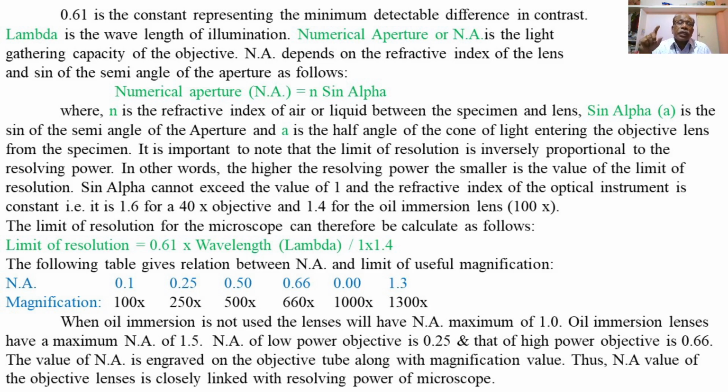The value of numerical aperture is engraved on the objective tube along with the magnification value, and thus the numerical aperture of the objective lenses is closely linked with the resolving power of the microscope.